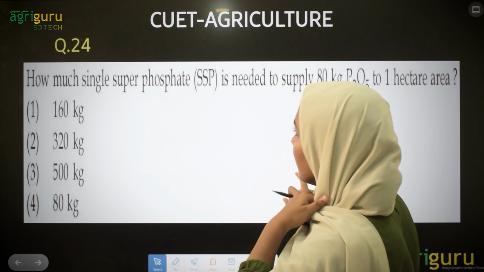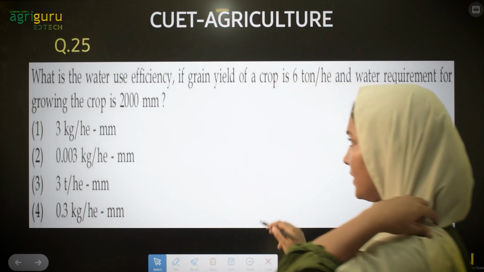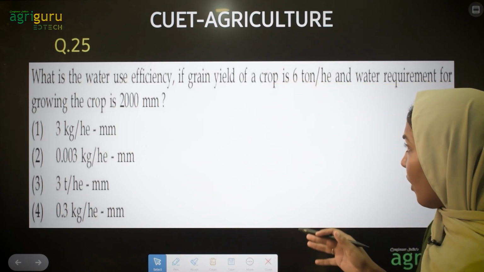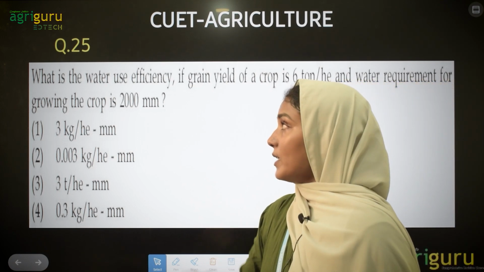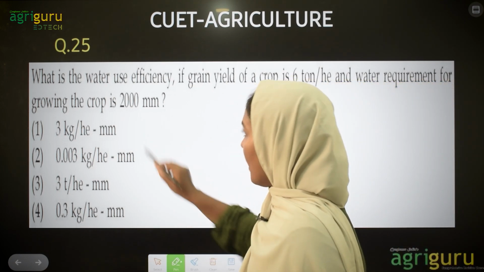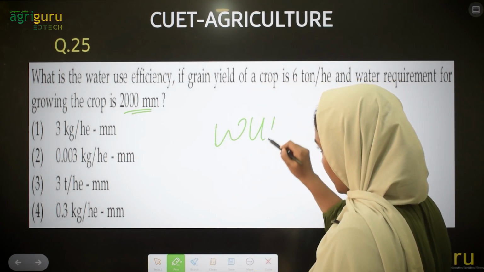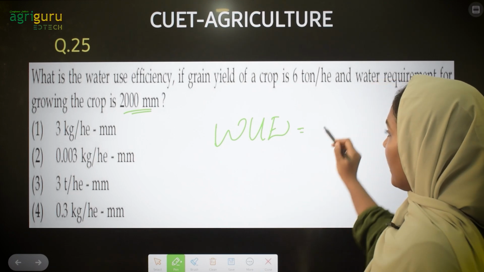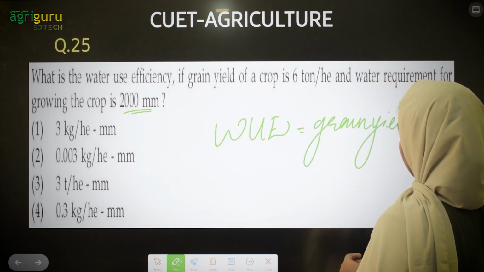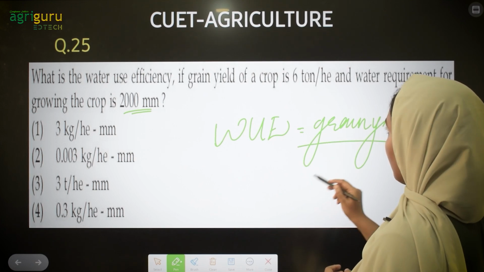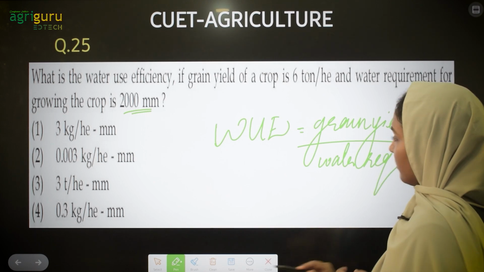Okay, next question, question number 25. What is the water use efficiency if grain yield of a crop is 6 ton per hectare and water requirement for growing the crop is 2000 millimeter? Water use efficiency is equal to grain yield by water requirement.